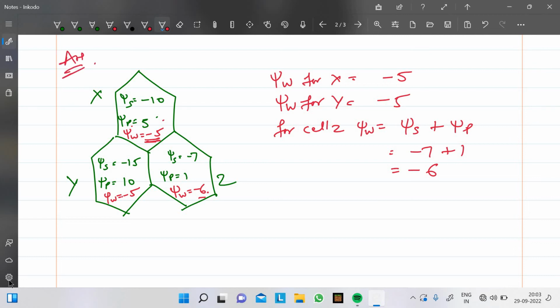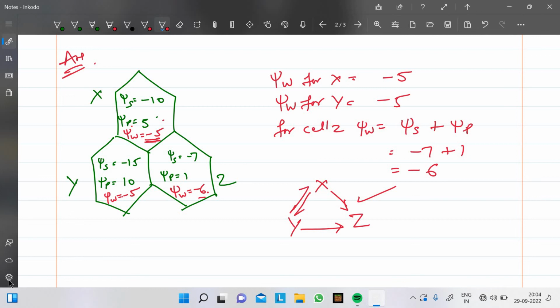This is cell X. X से water move करेगा Z में, और Y से भी वाटर मूव करेगा Z में, और X और Y क्या हो जाएंगे, इन इक्विलिब्रियम. So this is the net flow of water or direction of flow of water in this question.